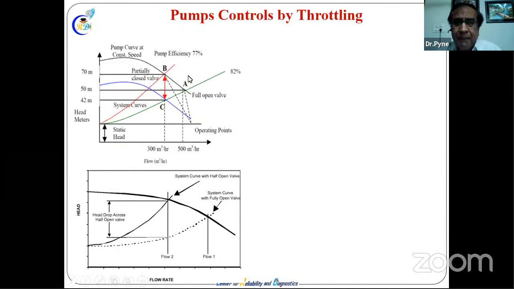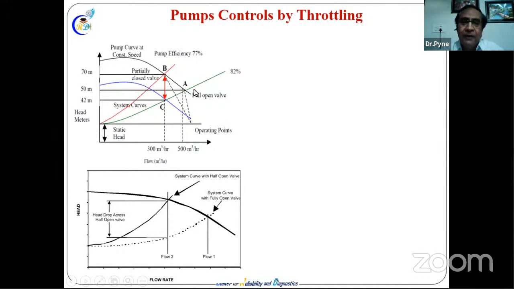So what is the problem with throttling? We are increasing the system resistance, and increasing the system resistance means you are increasing the frictional head. This is the red curve. The static head remains the same, the height is what it is, and we have nothing to do with it. So the system curve is increasing, and A cannot go through this system curve, because we cannot change the flow at that point.